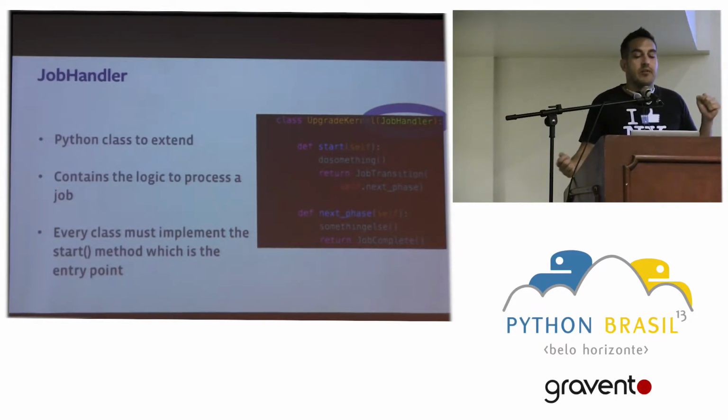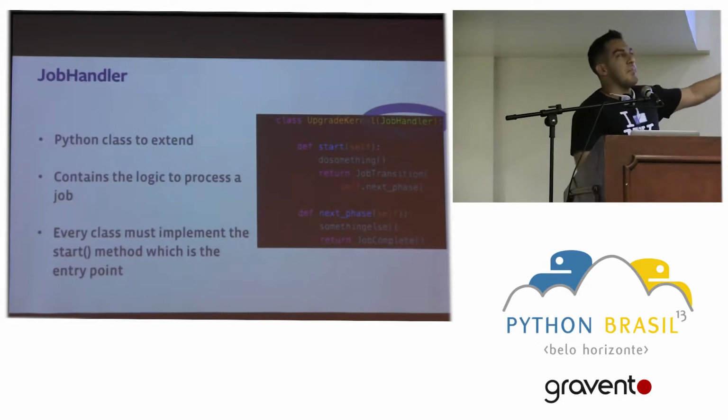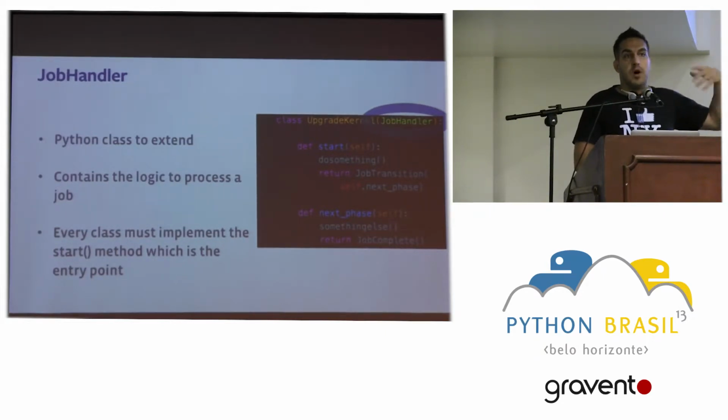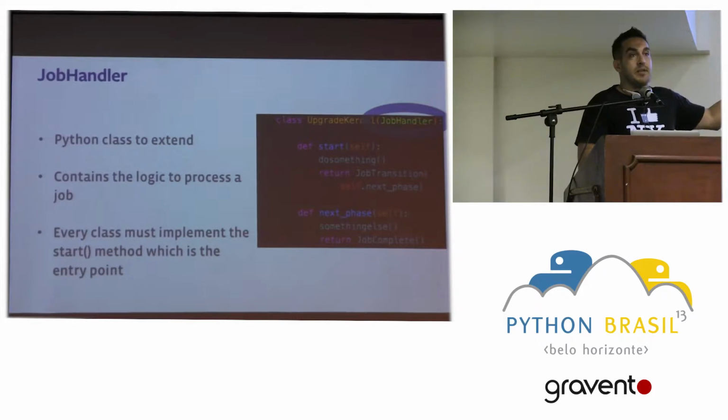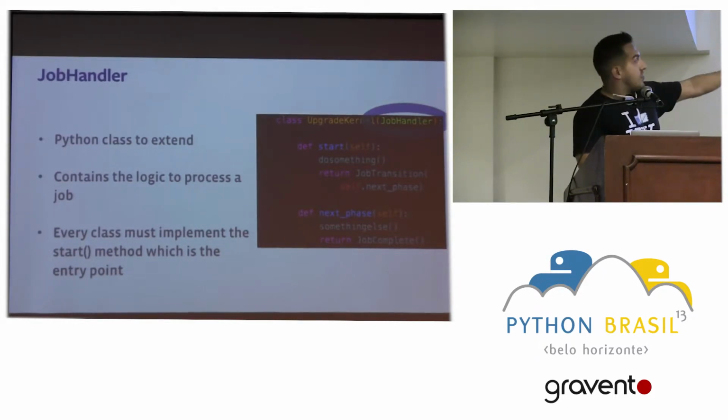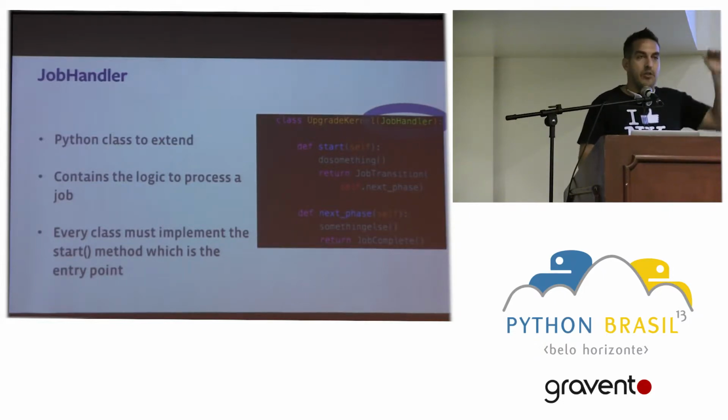So if I create a job of type upgrade kernel, that class will be loaded on our executors, which I'm going to talk about in a minute. And the start method, which is the first method, will be called. So job handler is the base class, and then you have those methods. I'm going to talk a little bit more about those methods in a second to explain how the flow goes. But I think you can already sort of guess it by looking at this slide.